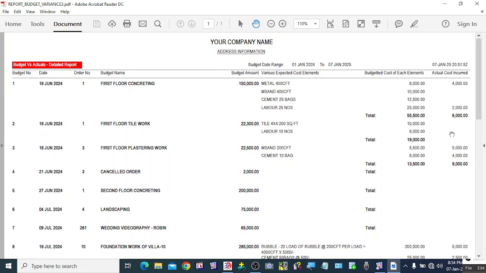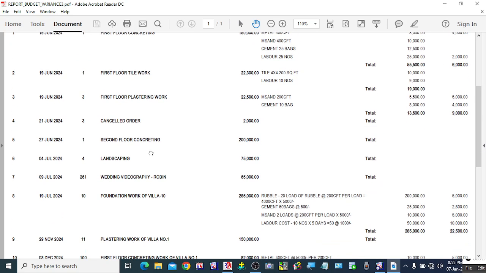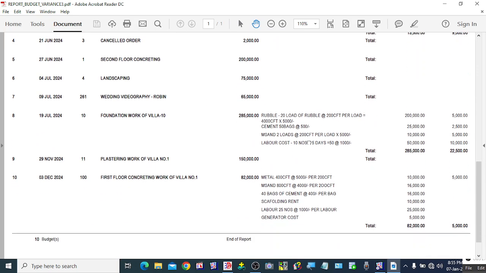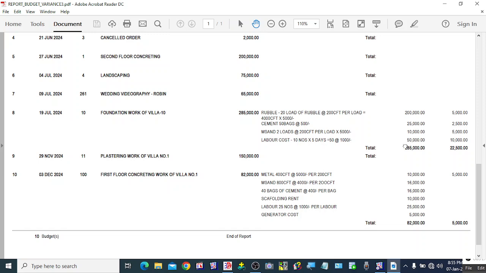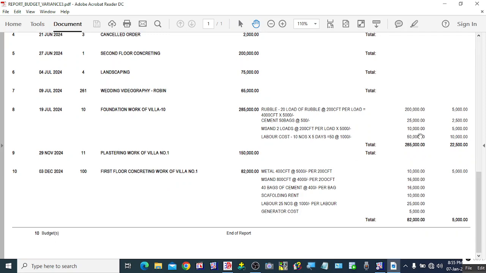By seeing this, we can very easily understand the work in progress of this budget. Similarly, against each budget we have created, we can very easily monitor how much amount is budgeted and how much is actually incurred at the moment.